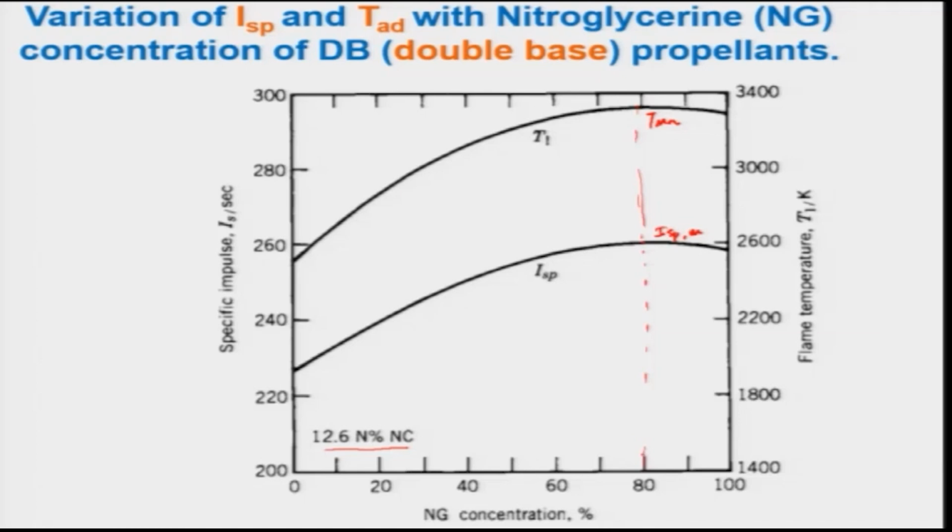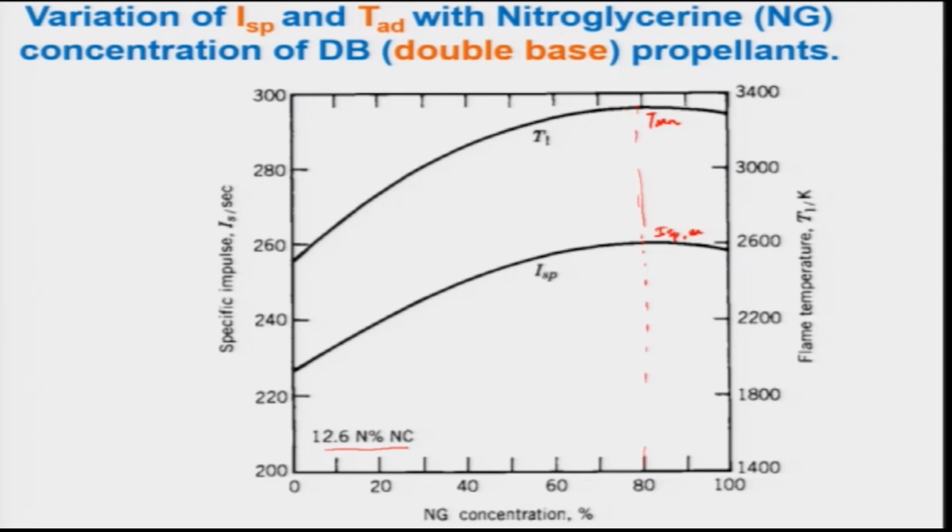Generally this high a percentage is not used; if you recall in the typical example we looked at, generally 40 to 60% is used. Because at a very high percentage it will be difficult to cast and also extrude. So that is not used, although you get a higher Isp because the temperature you are getting is higher.